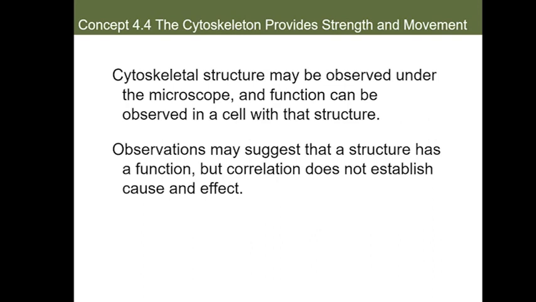So cytoskeletal structure may be observed under the microscope, and function can be observed in a cell with that structure. Observations may suggest a structure has a function, but correlation does not establish cause and effect. This is big in science.